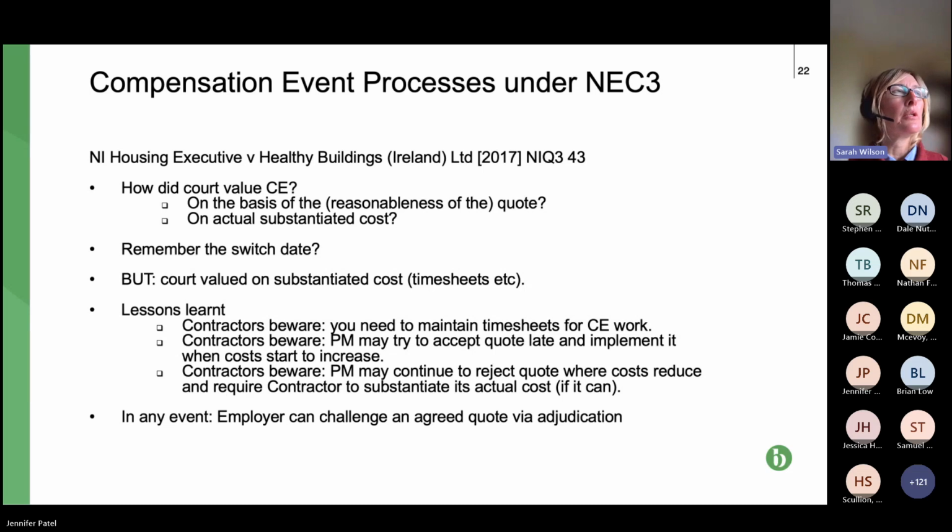Also, contractors, subcontractors might think, well, we're not going to go to court over this CE or in fact, any of this dispute, and we're not going to go to adjudication. We just want to negotiate a resolution. But what you might find is that without those supporting documents, the PM and the client might just say, well, if you haven't got that supporting documentation, you're going to get nowhere in court or in adjudication.